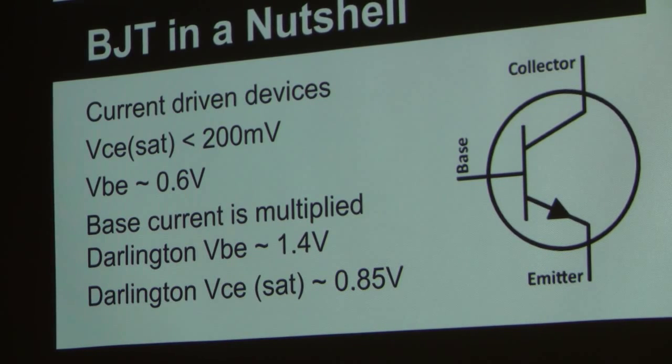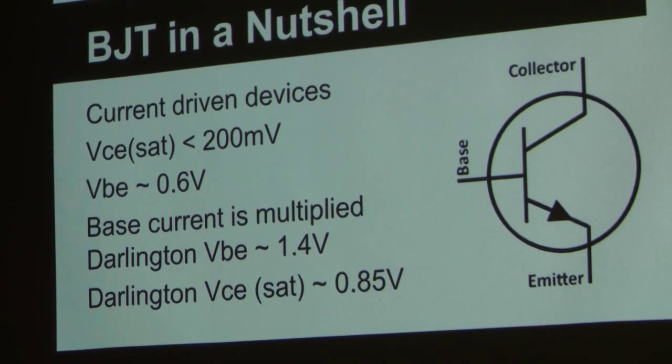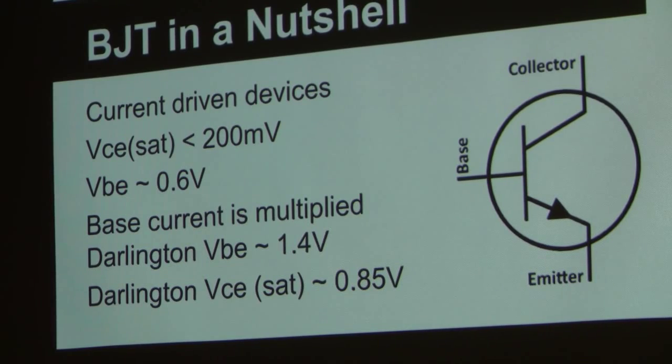So if you just stick in a Darlington where an NPN was almost working, that's not a guarantee it's going to work. And the Darlington drop between the collector and emitter is a minimum of about 0.85 volts, just because of the way the structure is. So you're going to lose that much voltage versus you may have only had 0.1 or 0.2 volts across an NPN.